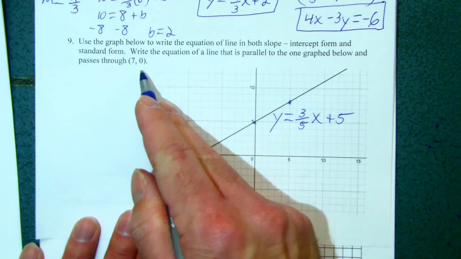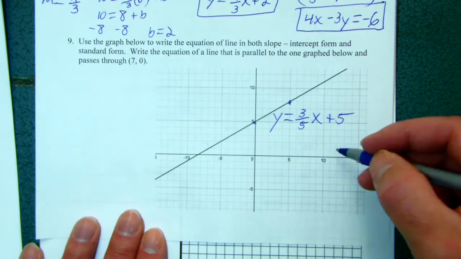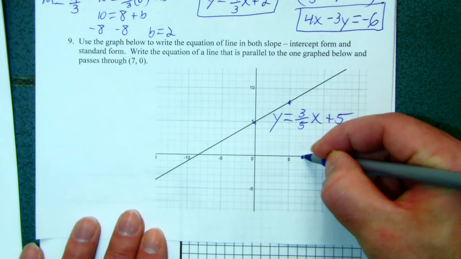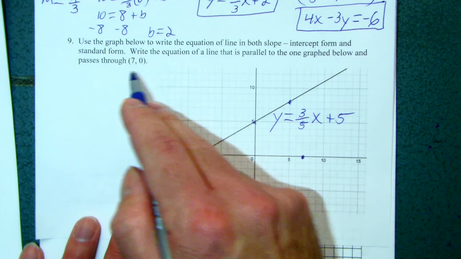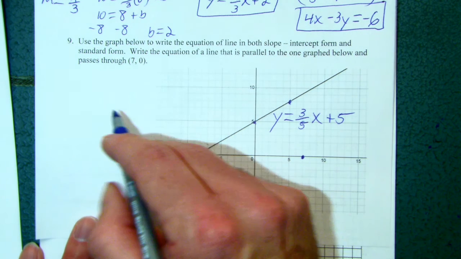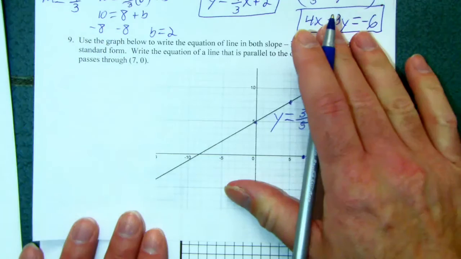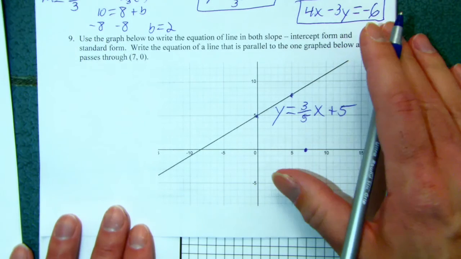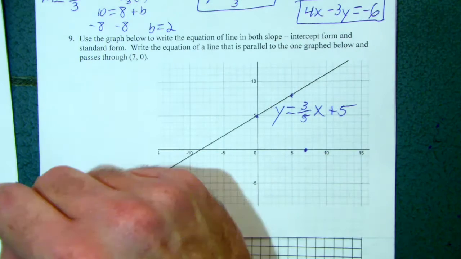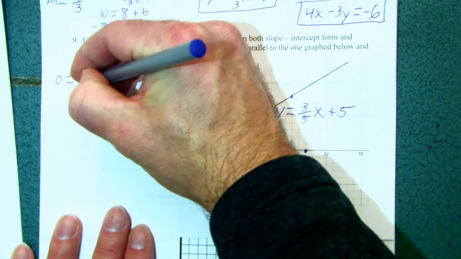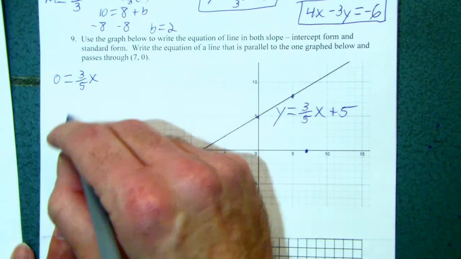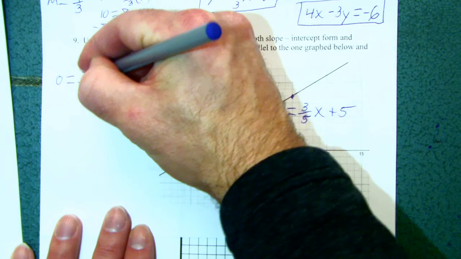So I want my new line to go through 7, 0. So that's all the way down here. We'll graph this as well. But the line that's going to be parallel to it, we go 0 equals 3/5 times 7, plus b.